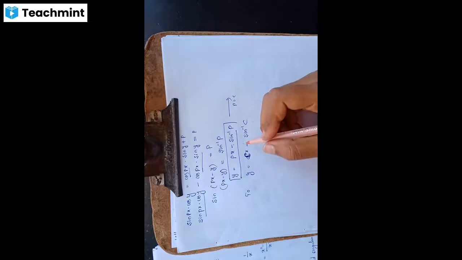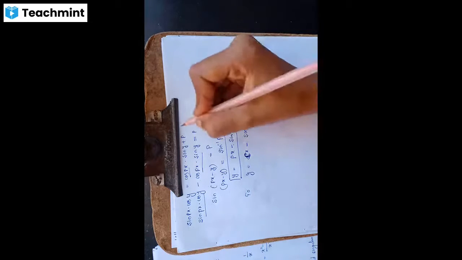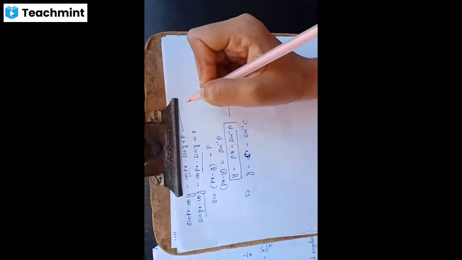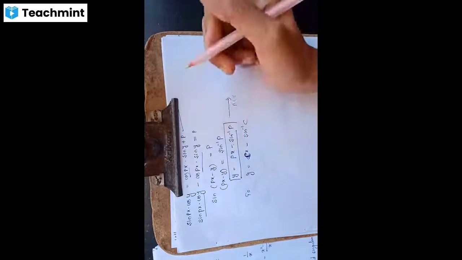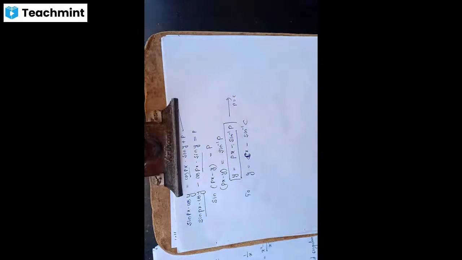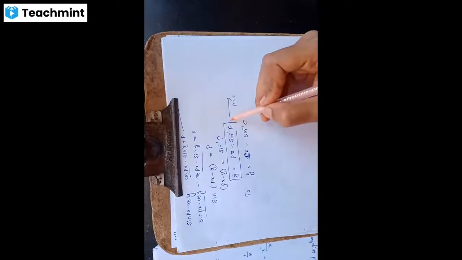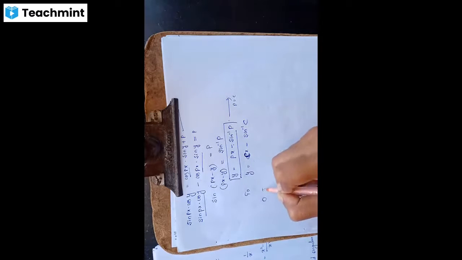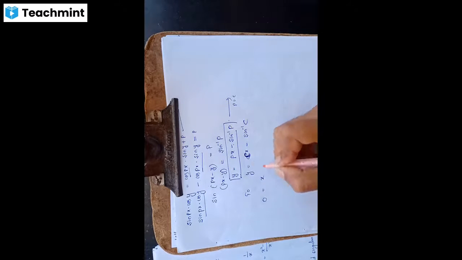To find the singular solution, we have to differentiate the given equation partially. This is our given equation, which we converted into the Clairaut's form, so we will differentiate this one only. Derivative of y with respect to p is 0 equals x, as x is constant.